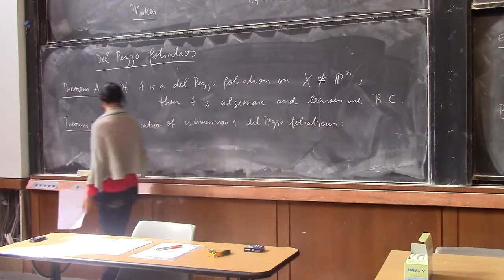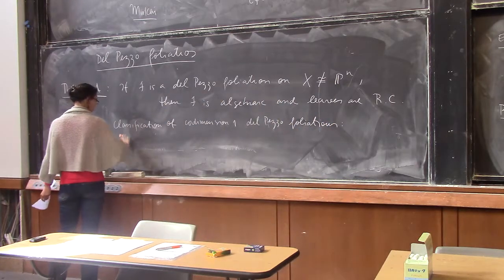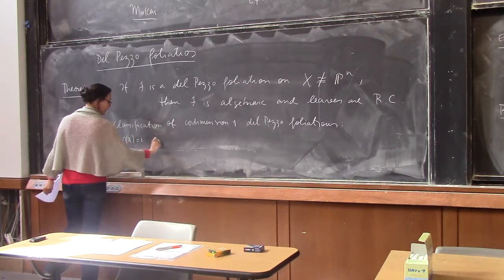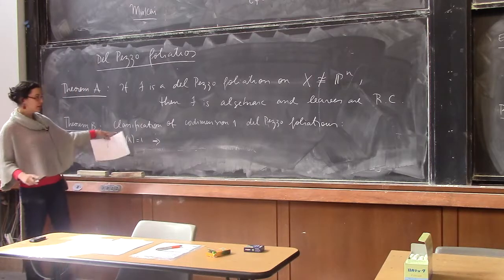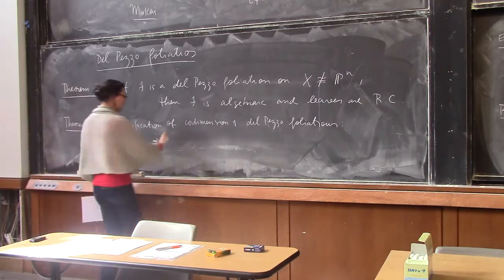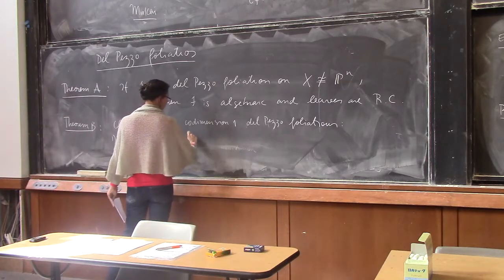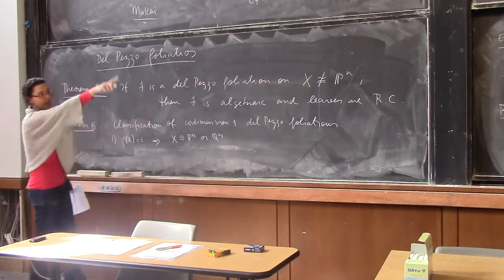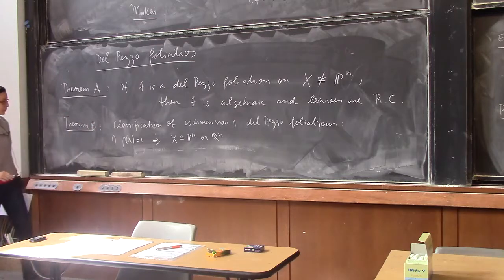So if the Picard number is 1, then if there is a del Pezzo foliation on X, either X is Pn or the quadric, and then the foliation is given as in those cases.